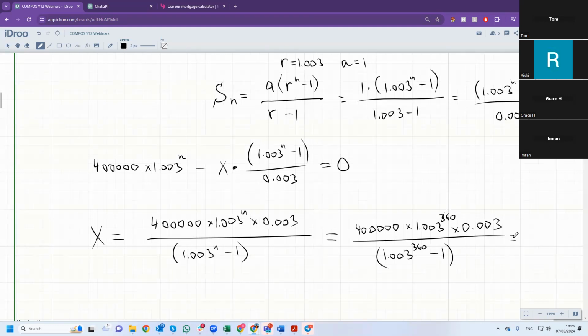400,000 multiplied by 1.003 to the power 360 and times 0.003 divided by open bracket 1.003 to the power 360 minus 1.